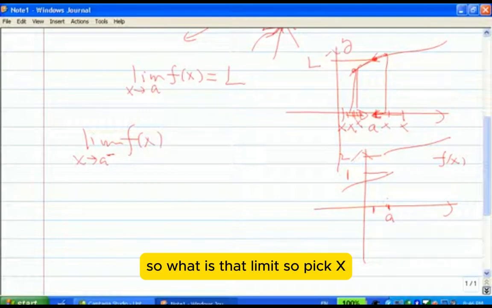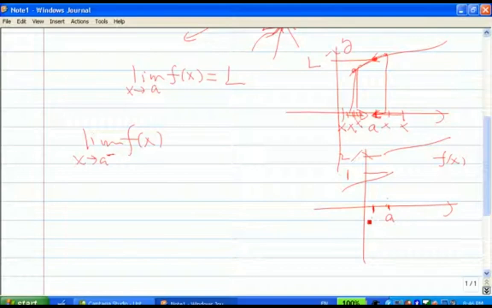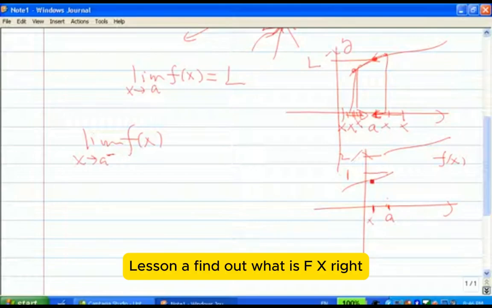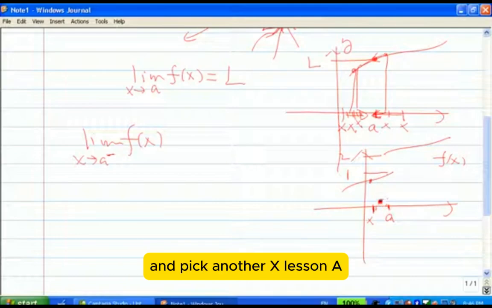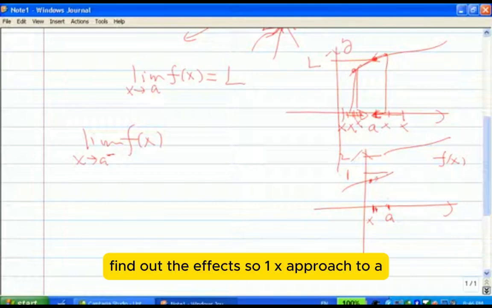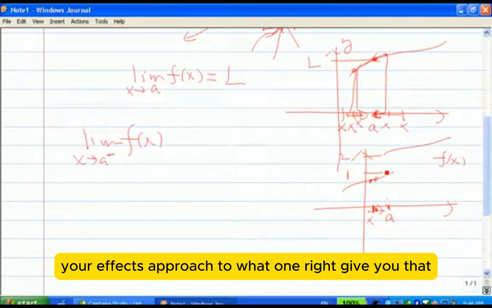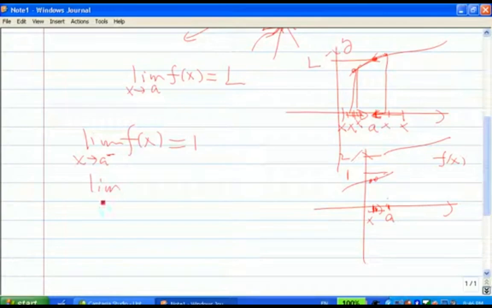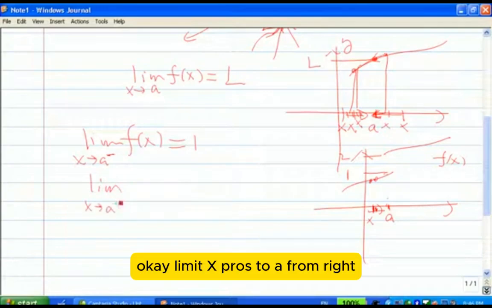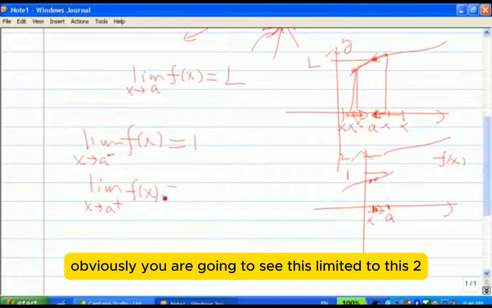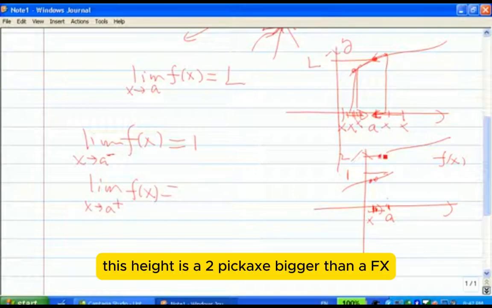Pick x less than a, find f(x), then pick another x less than a, find f(x). As x approaches a, f(x) approaches 1. Now the limit as x approaches a from the right: this limit exists and is 2, since this height is 2.